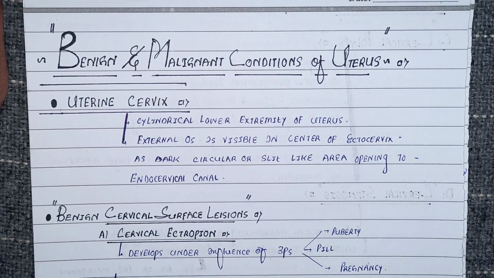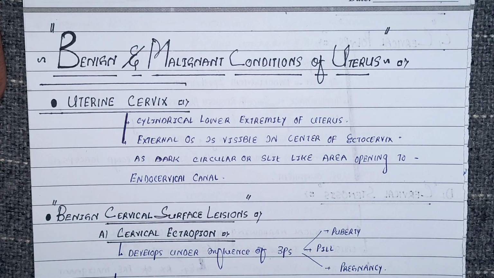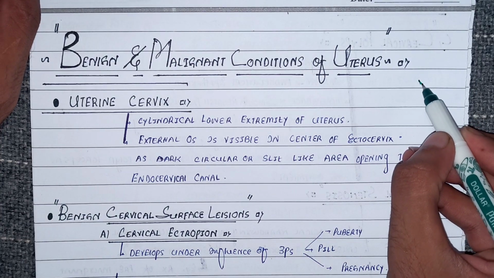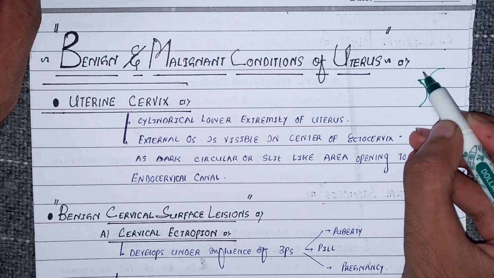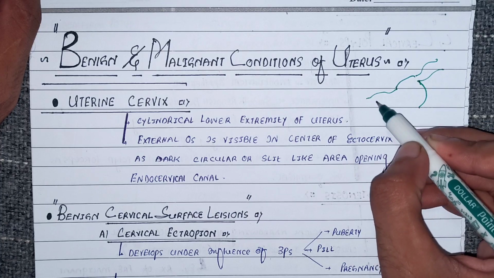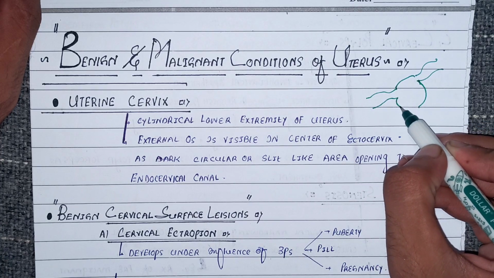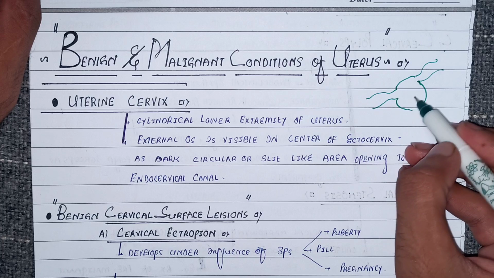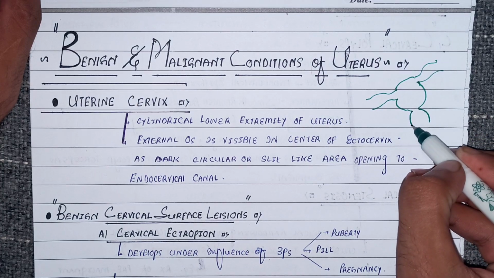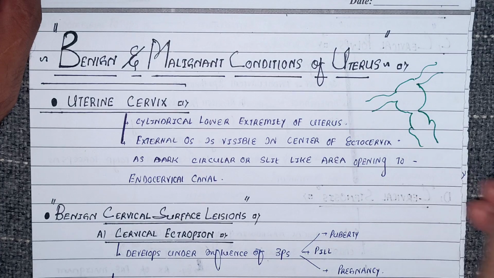So let's start with some lesions of the cervix, and I hope you know a little bit about the anatomy of the cervix. If this is the uterus and this is the tube opening, this is the fundus, this is another tube, this is the uterine cavity, and then comes the cervix and then the vagina, right?